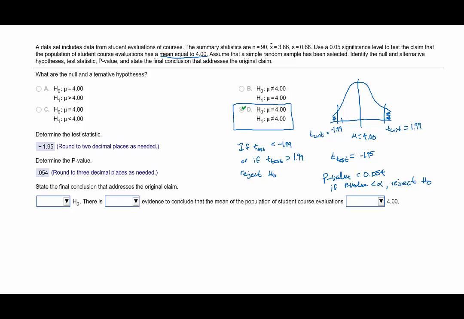But this p-value is not less than alpha. 0.054 is not less than 0.05. So whether we use the test value and critical values or the p-value and alpha, our conclusion should be the same. Our conclusion would be, do not reject the null hypothesis.